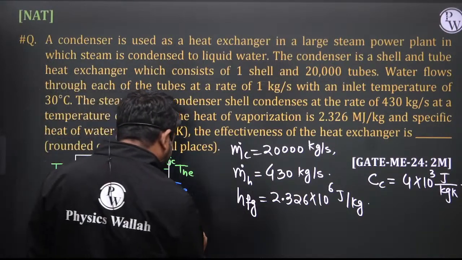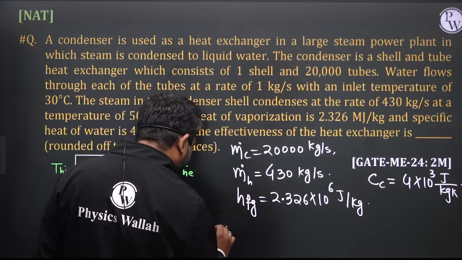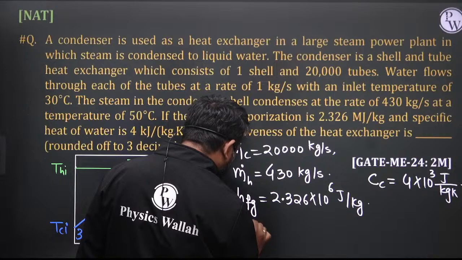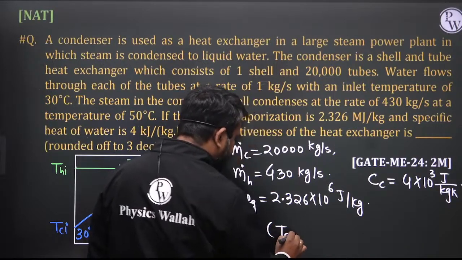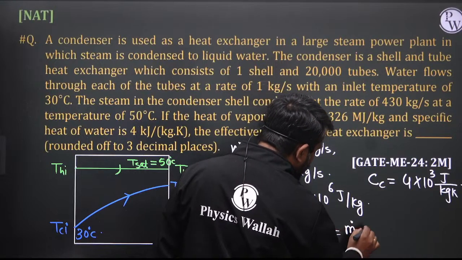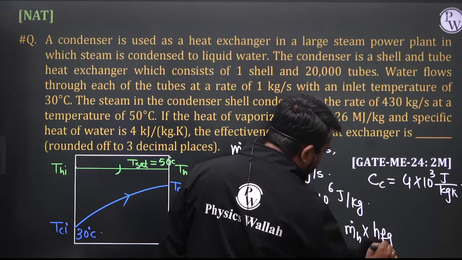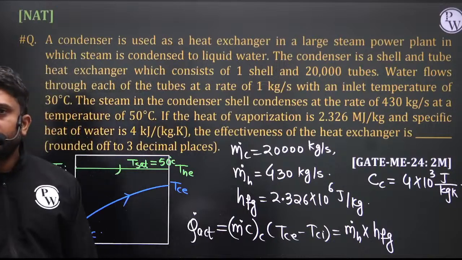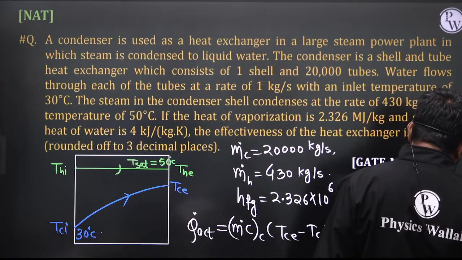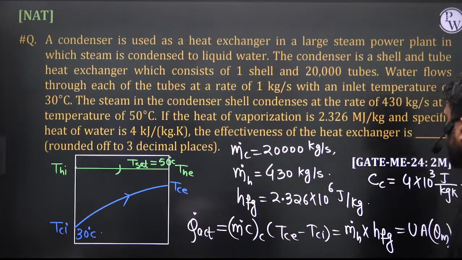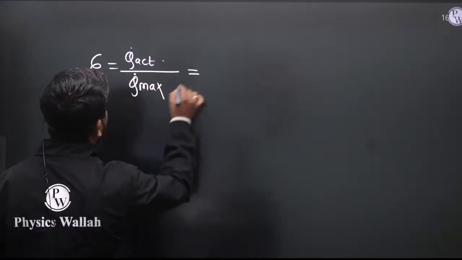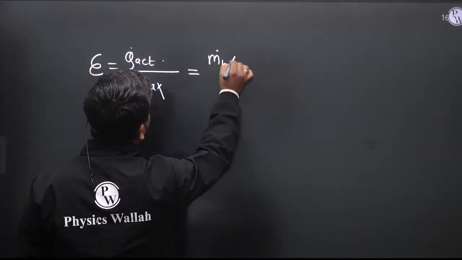If we apply the energy balance for the condenser type of heat exchanger, we can write m dot c times cold fluid exit temperature minus cold fluid inlet temperature is equal to the mass flow rate of the hot fluid into the latent heat of condensation, which is also equal to U into theta m, where theta m is the LMTD. Right, so this is the actual heat transfer. So the actual heat transfer is nothing but m dot h into HFG.